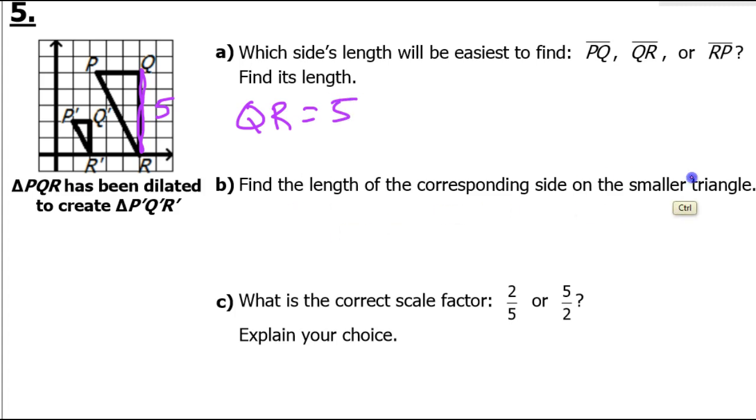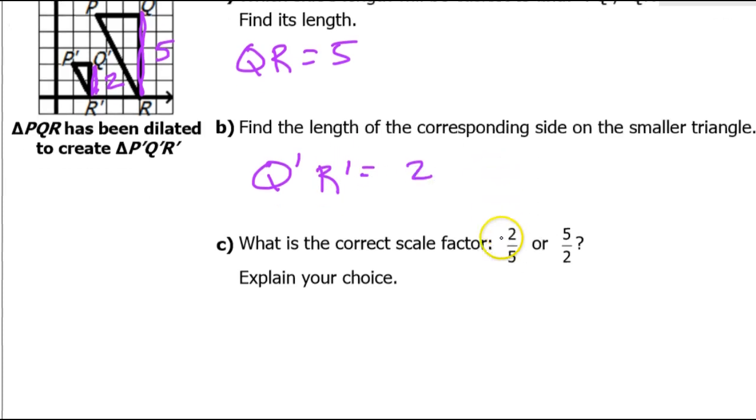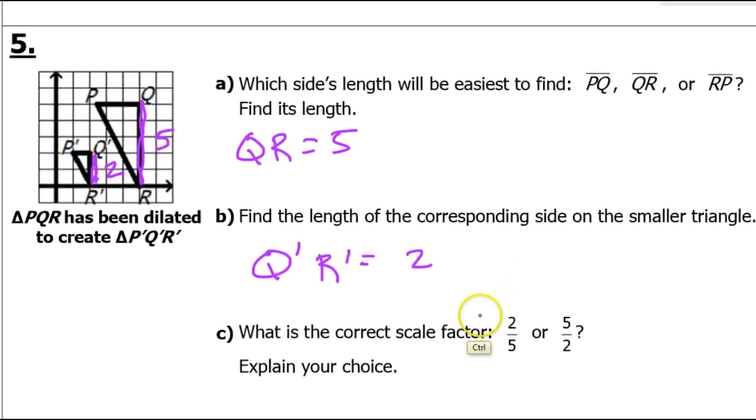Now, find the length of the corresponding side of the smaller triangle. Well, that is 2. So maybe I should write that down. I have Q prime R prime is 2. What is the correct scale factor?